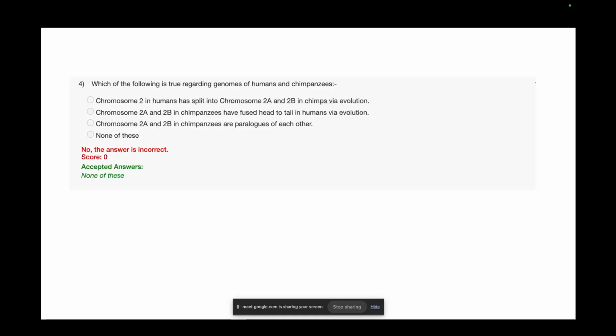So basically, the chromosome 2A and 2B in chimps have been partly fused to form chromosome 2 in humans. So none of these options are correct again. Okay, moving on.